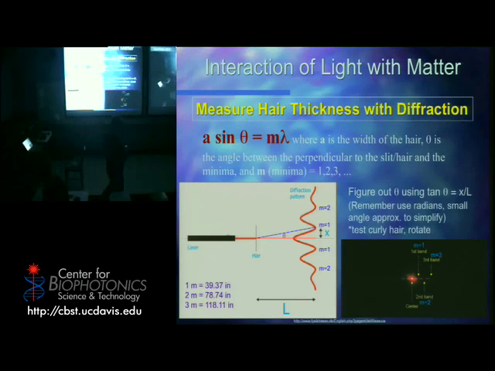You're not going to see a very strong pattern. The distance to the first minimum.